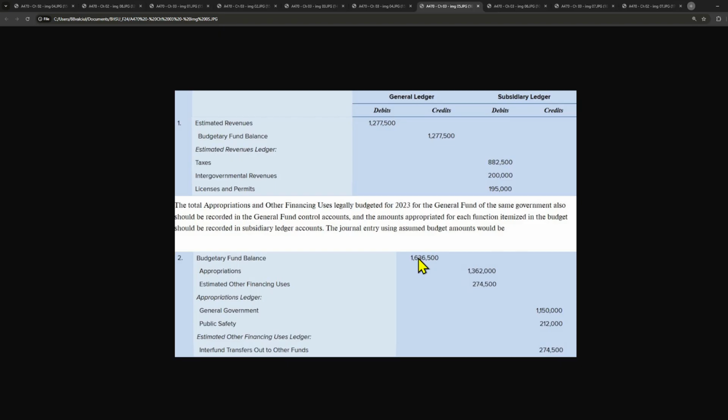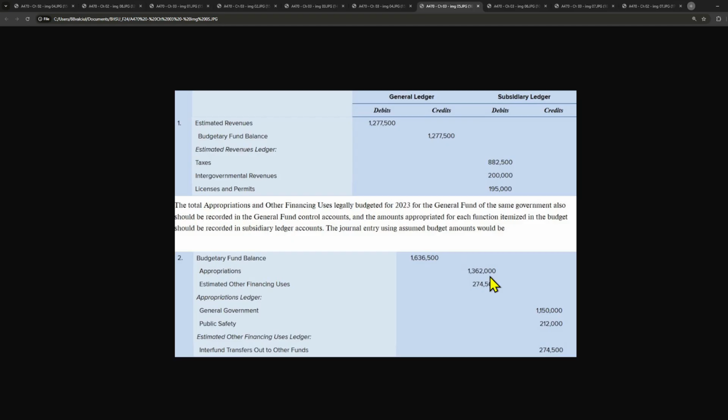Now imagine if we put both of these together, where we had the estimated revenues offset by the estimated appropriations and other things, we'd have a fund balance of, I think it's like 300 and something thousand.